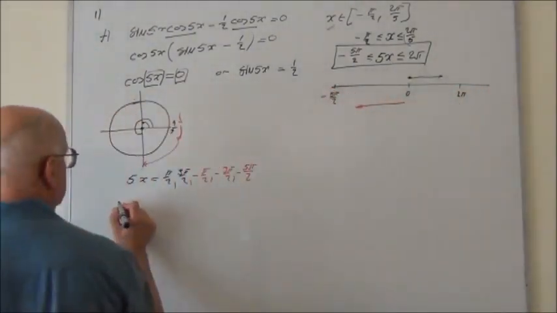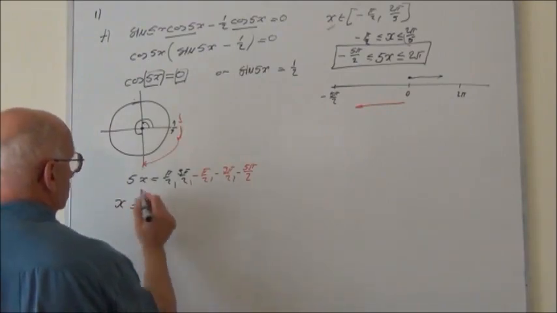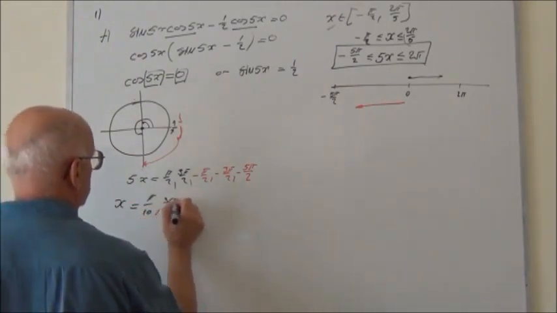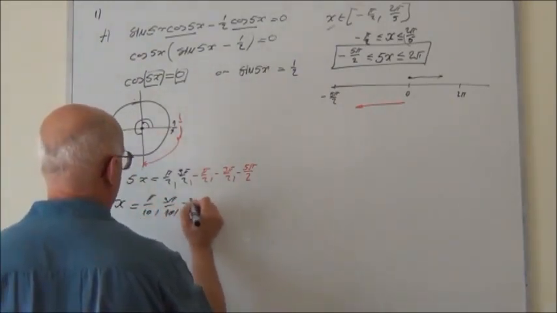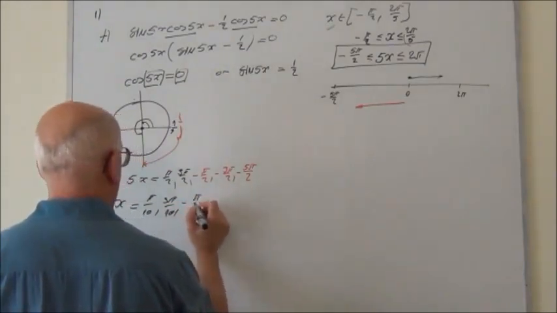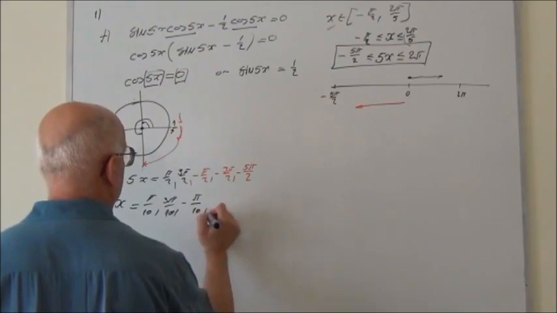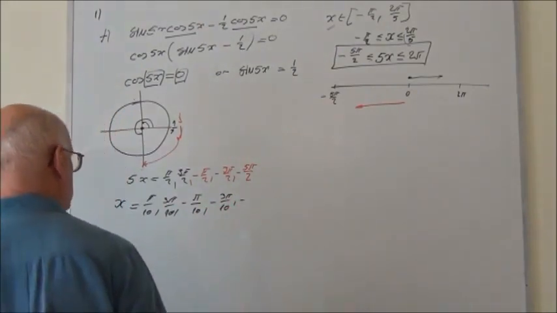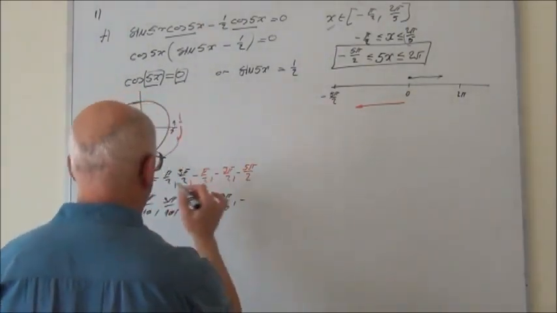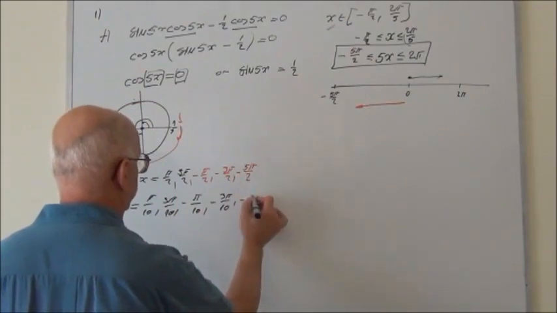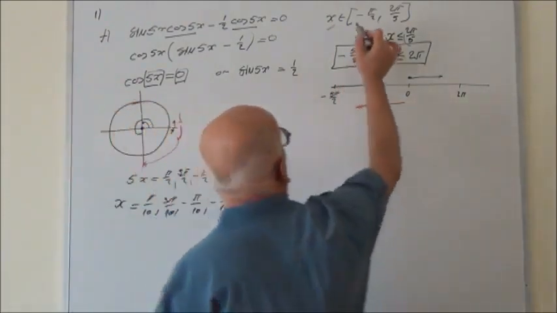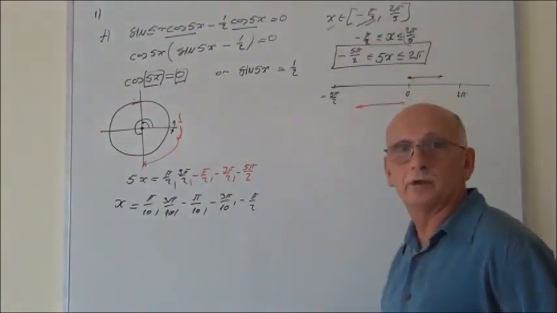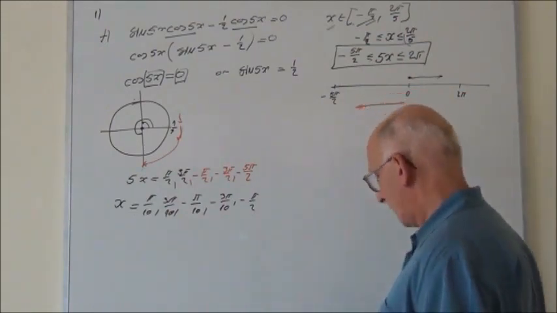Of course, we want just x, so divide by 5: pi on 10, 3 pi on 10, minus pi on 10, minus 3 pi on 10, and when you divide by 5, cancel 5 and 5, minus pi on 2. See, minus 5 pi on 2, the point is included, and we have that point as a solution here.